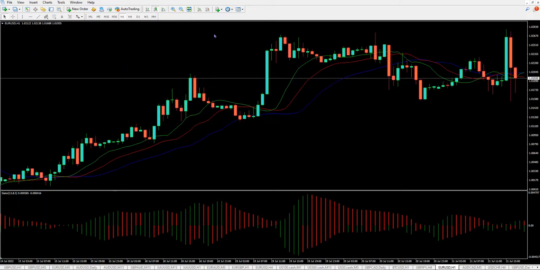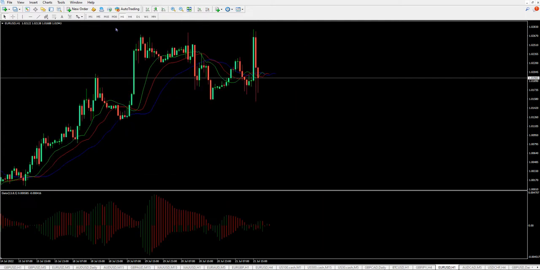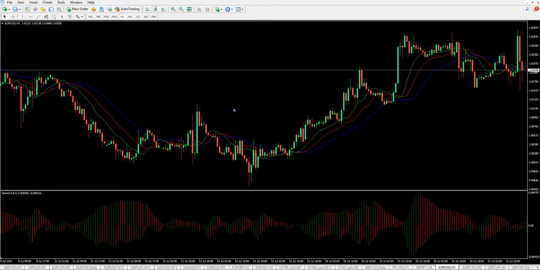So let's go over potential examples in this Euro hourly chart. Again, keeping in mind this is a trend-based indicator. One thing, even without the oscillator, with moving averages like this, as you can see, is not just separation between the MAs, but where price is respecting bounces from it.